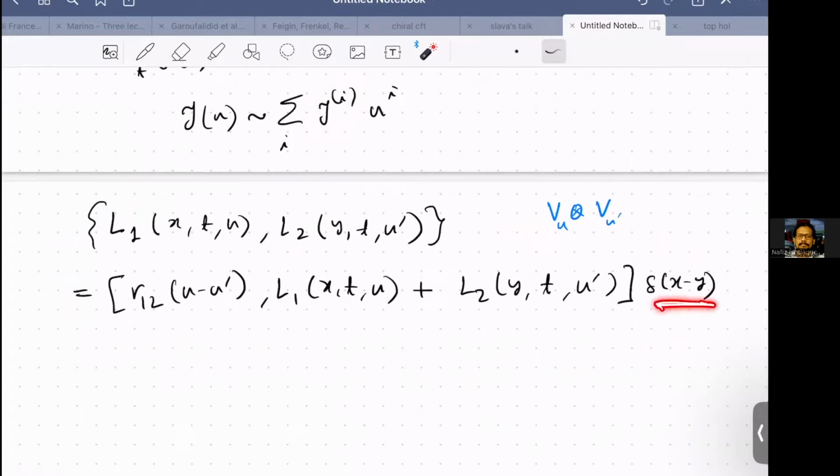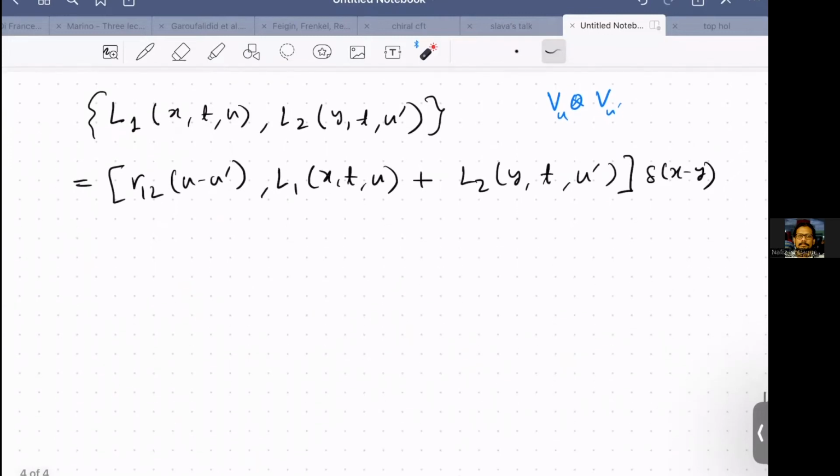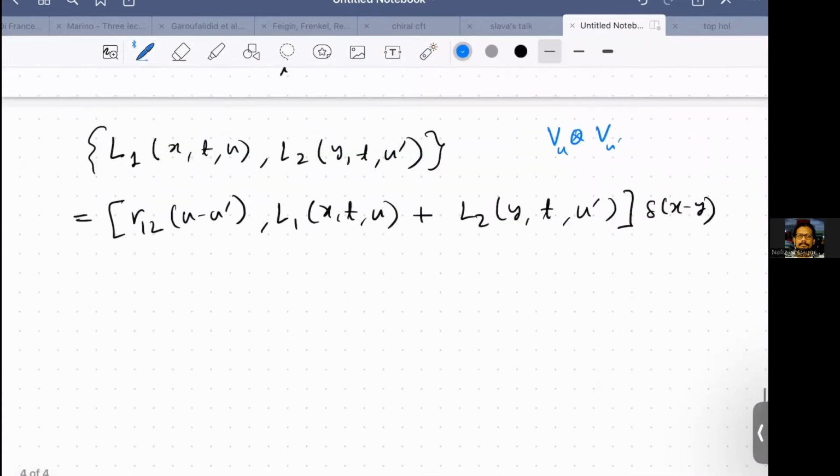And there's a factor of the delta function as well, that depends on the difference between these two position coordinates. Okay. So for now, let's just say that this is a sufficient condition to find an integrable system.